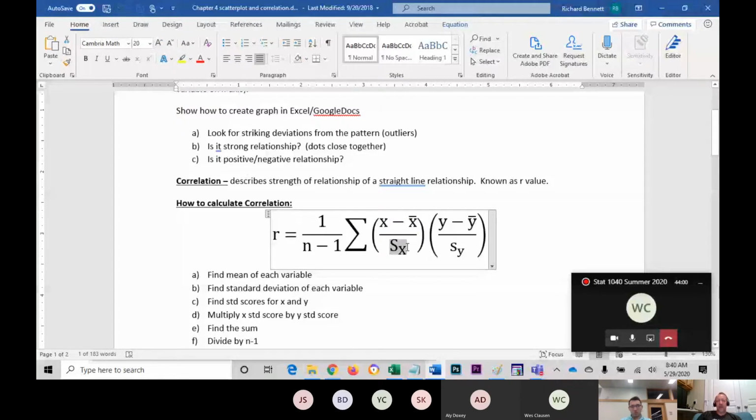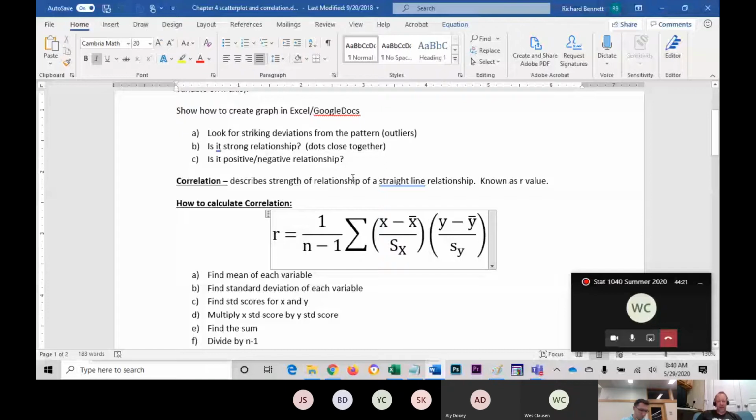So essentially you're taking the z-scores for the x, the z-scores for the y, you're going to multiply them together, add them up, and then divide by n minus 1, excuse me. And now I'll show you an example in just a minute.